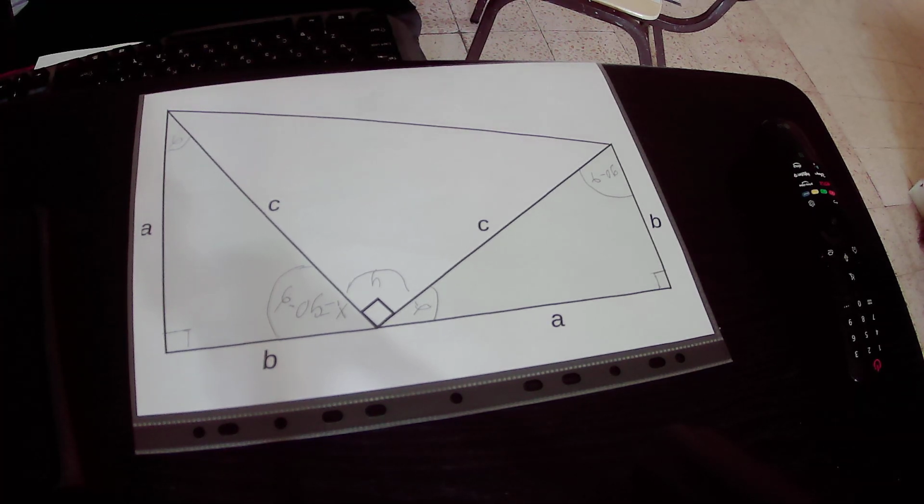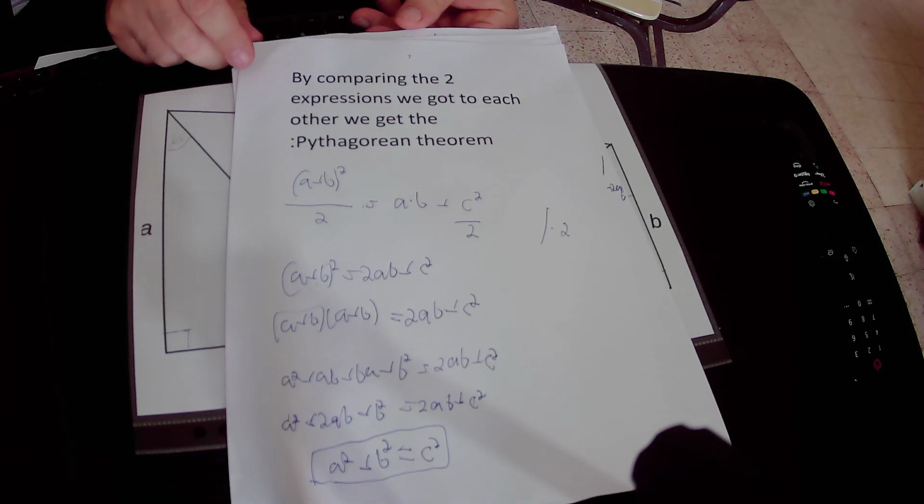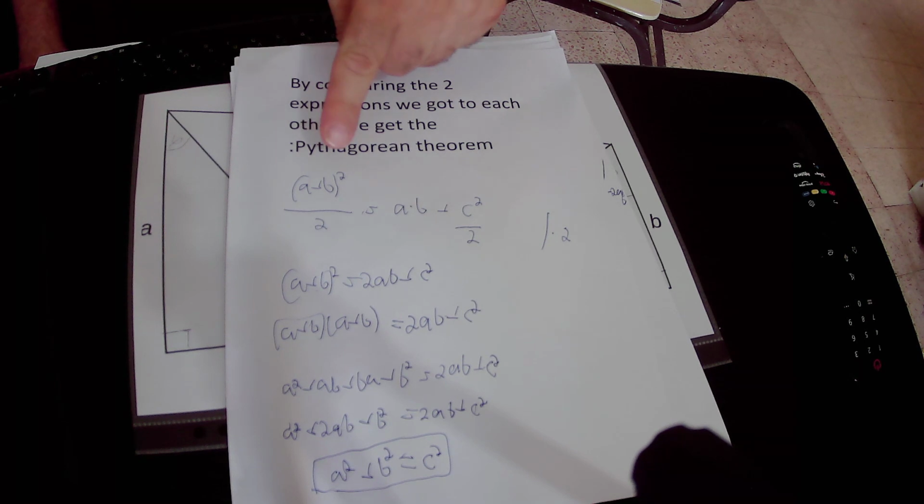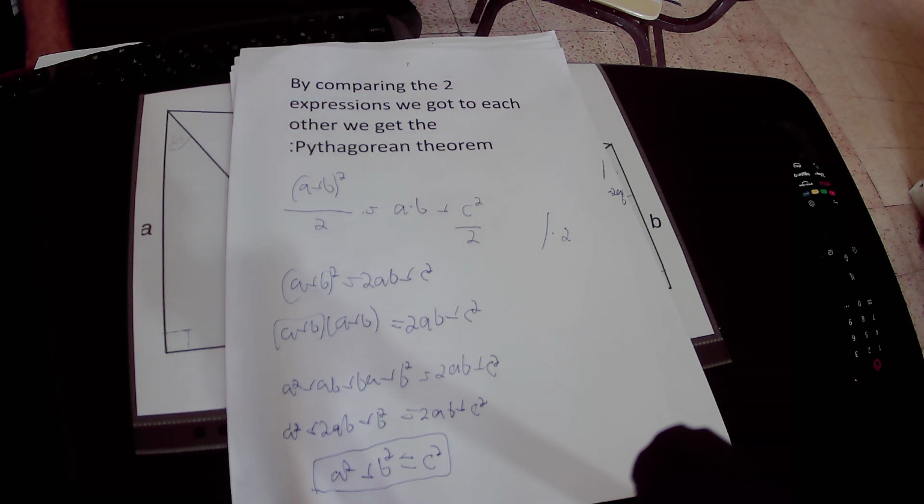And then we will get that in the first way we calculated, the area of the trapeze is A plus B squared divided by 2.